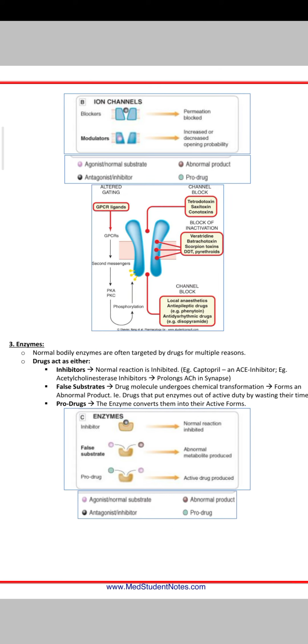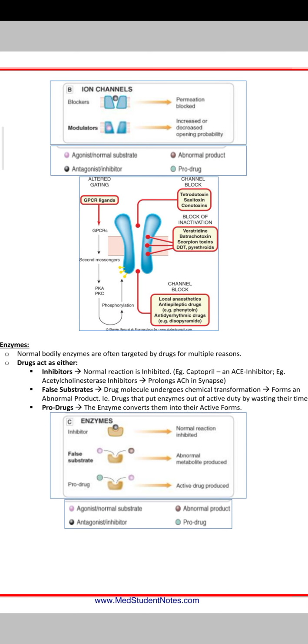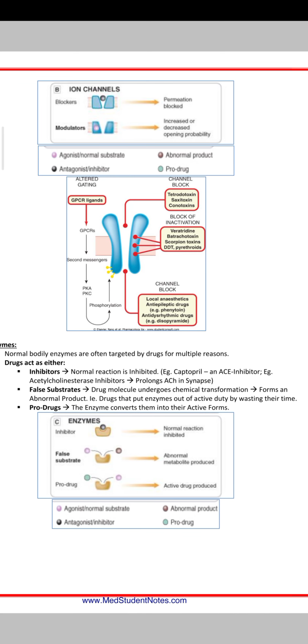Next we are going to discuss prodrugs. It is in the enzymes. So what is an enzyme? The normal bodily enzymes are often targeted by drugs for multiple reasons. So the drugs act as inhibitors, and reactions are inhibited.